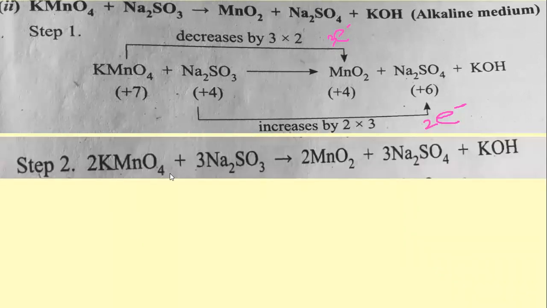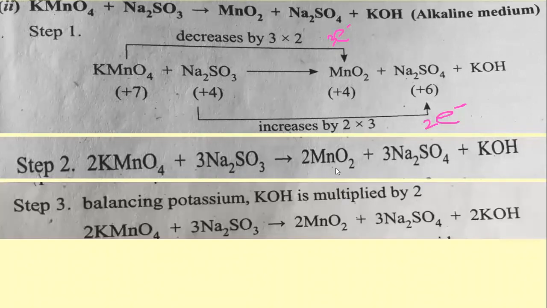So now in the next step, I have written they cross multiply. So 2 KMnO4, 3 Na2SO3, that leads to give 2 MnO2, because here on the reactant side there are 2 manganese, so that only I have written here. After cross multiplying we have to check for the oxidized and reduced terms whether it gets balanced or not.